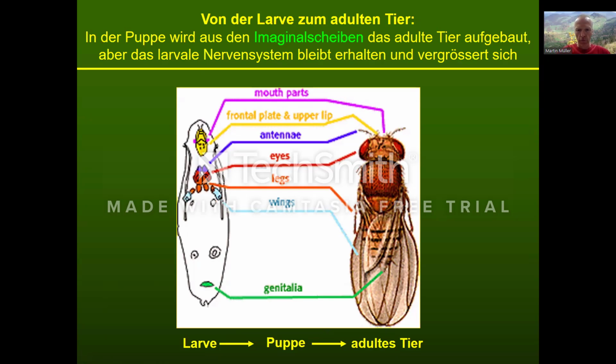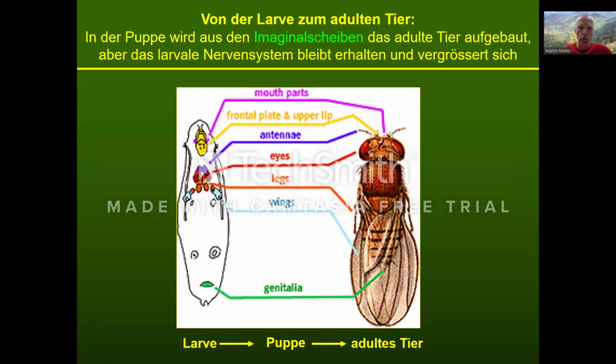Then, very important, how does the larva change into the adult during the pupal stage? During the embryonic and larval stages, there are structures called imaginal discs which develop within the larva. They have no function whatsoever in there.